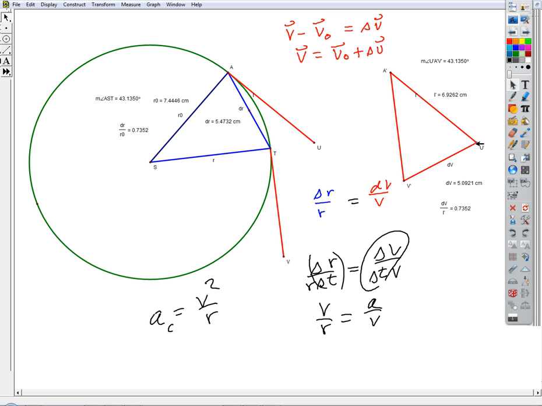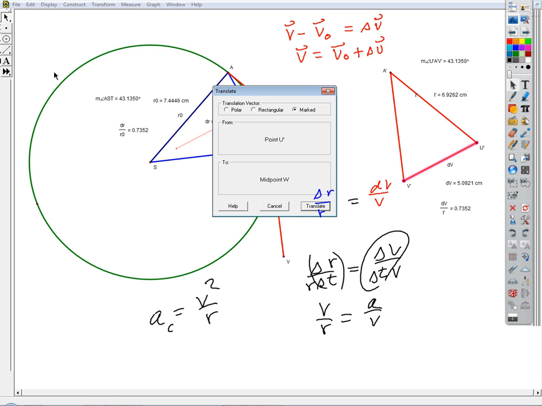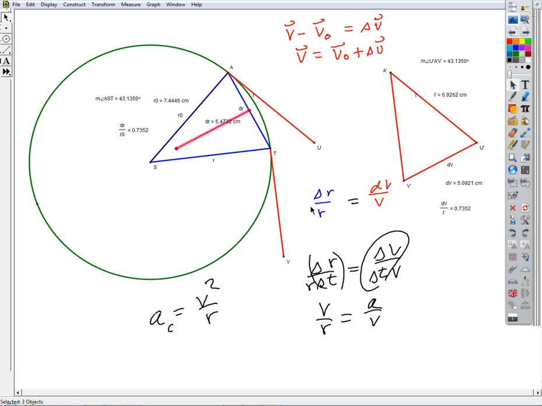Let's define this vector. In what direction is that change of velocity?